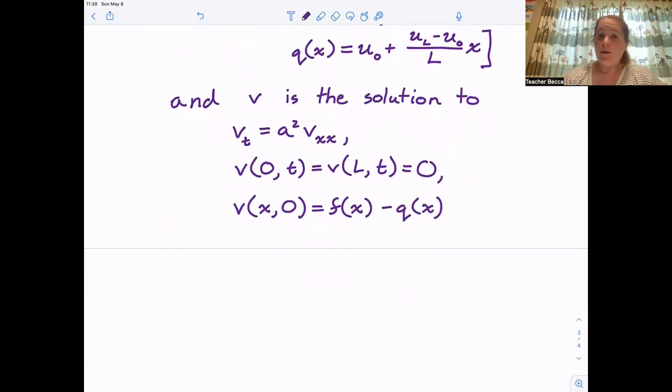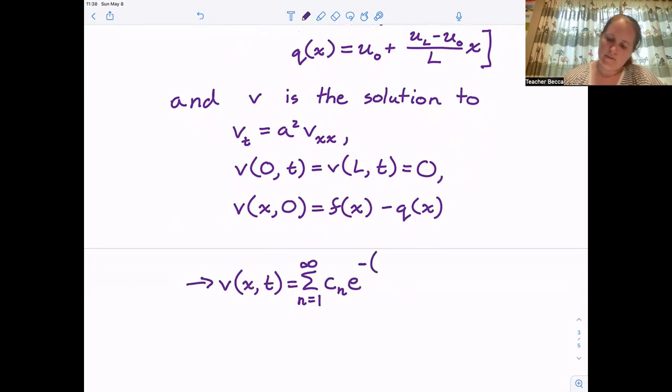So we know how to solve this. We have V of xt is equal to the sum from n equals 1 to infinity of c sub n times e to the negative a n pi over L whole thing squared t times sine of n pi over L times x.